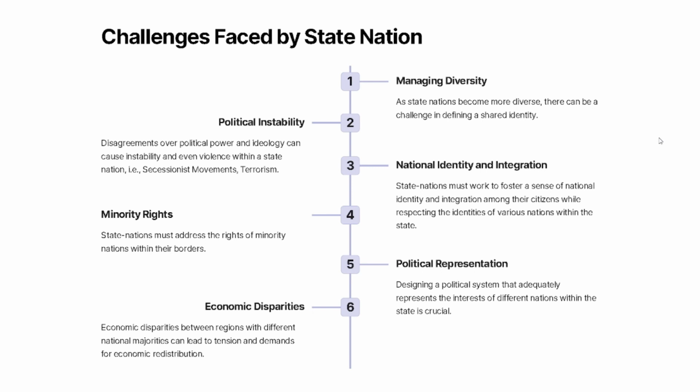Economic disparities: obviously, minorities sometimes see economic disparity as resources are not allocated to them equally as they are allocated to majority nations of the country.